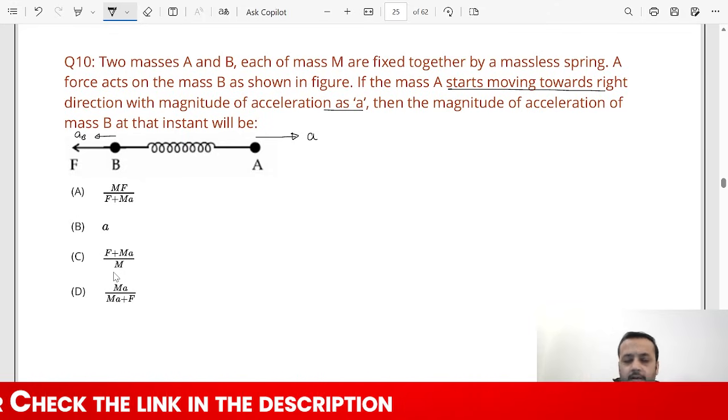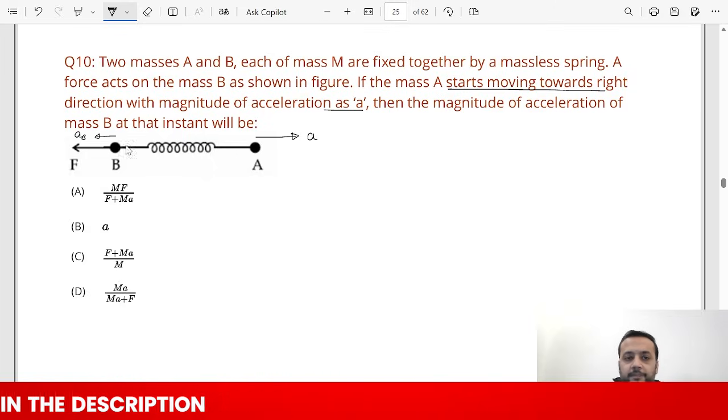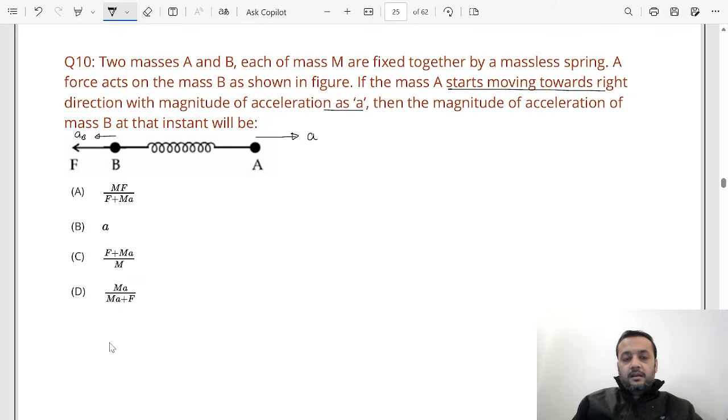Now if you look at both of them as a single system, then we can say that on the entire system the only force that is acting is F. So what is the acceleration of center of mass? Acceleration of center of mass is, we know, external force upon total mass.